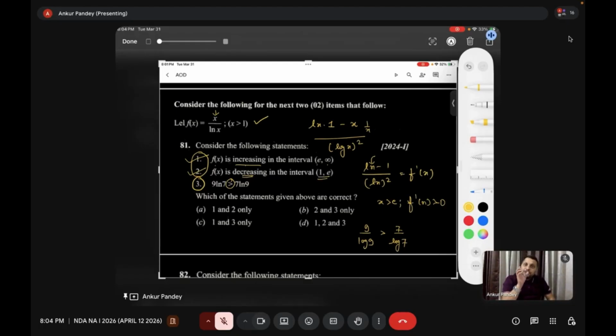Means the value of the function at 7 will be here and the value of the function at 9 will be more. Yes or no? Means this statement is true. The value of the function at 9 will be more than the value of the function at 7. So this statement is also true. Clear? Which of the statements are correct? 1, 2 and 3 are correct. Clear?